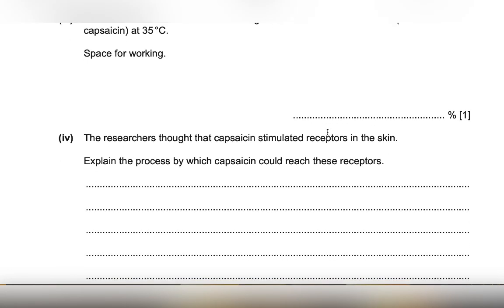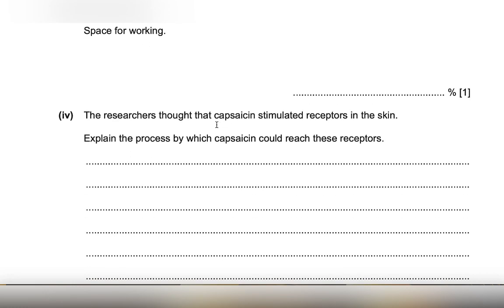Okay, 4B Roman figure 4. It says the researchers thought that capsaicin stimulated receptors in the skin. Explain the process by which the capsaicin could reach these receptors.